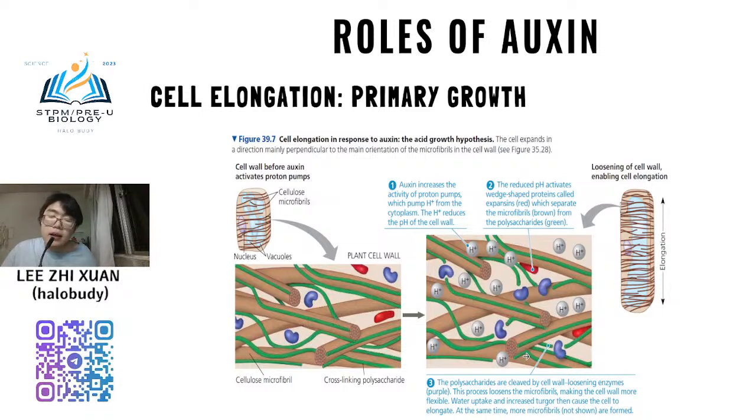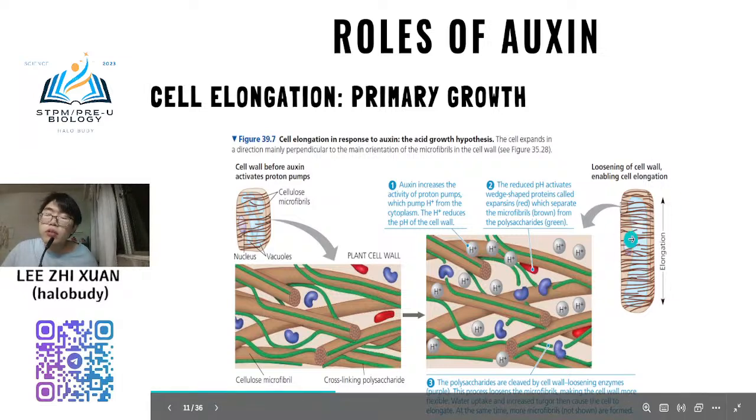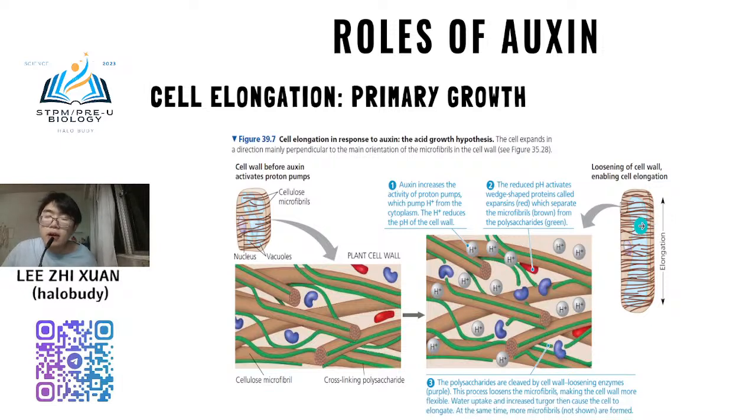And then water uptake and increased sugar cause the cell to elongate. So if you want to increase the size of the plant cell, you need to make sure that the cell wall is flexible. If not, if your cell wall is too hard, when you elongate, the cell will burst, right? Your cell will burst.